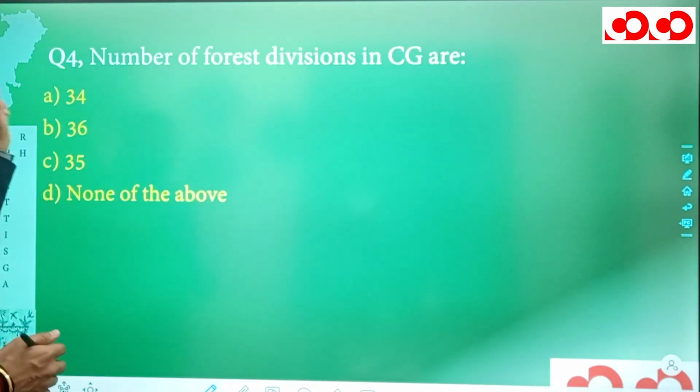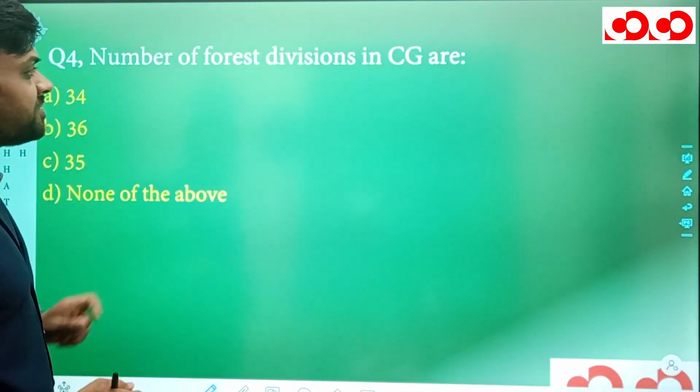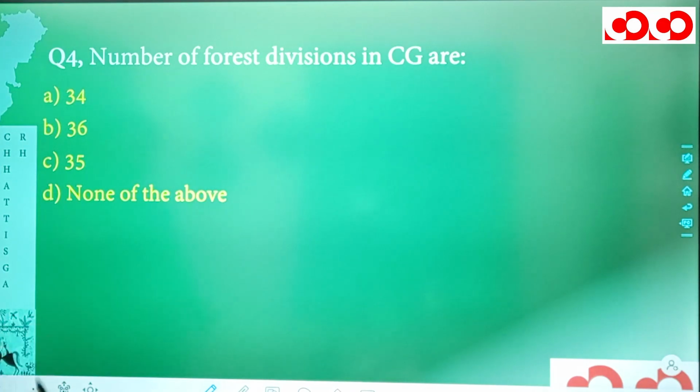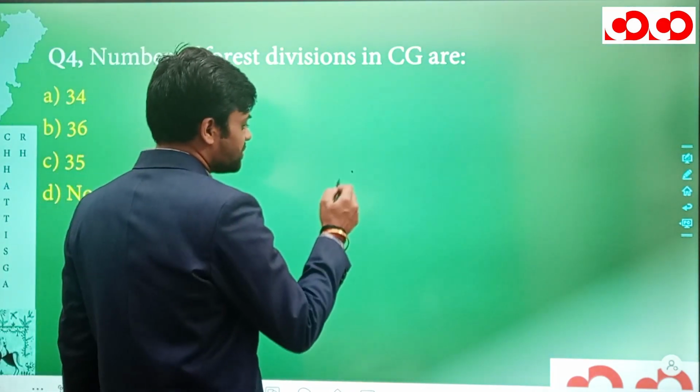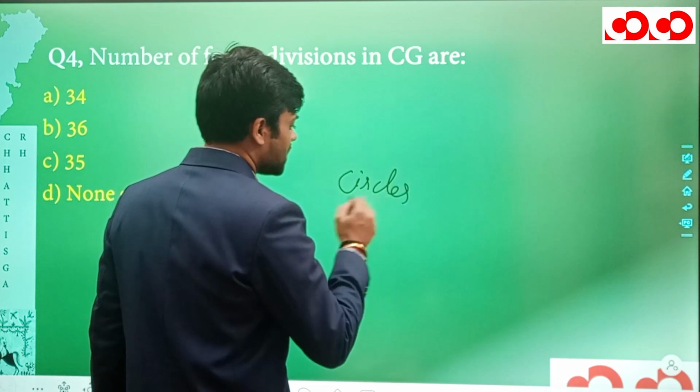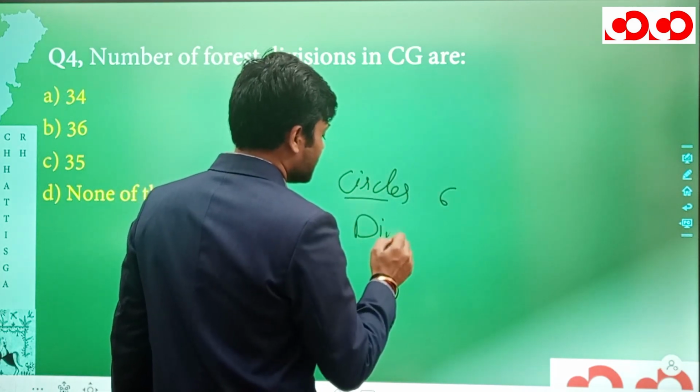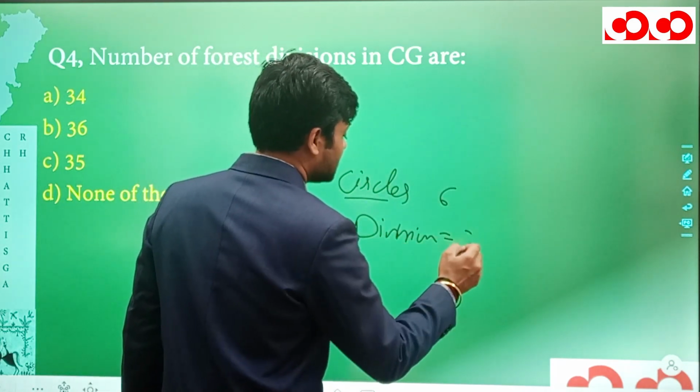Now next we have our fourth question. Number of forest divisions in Chhattisgarh are, let me tell you, if we talk about the forest administration, the number of circles are 6 while the forest divisions are 36.